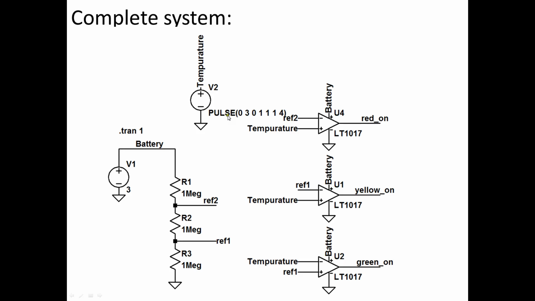Now in order to do a ramp, what I do is a pulse circuit and only simulate for the length of the pulse up. Battery is the name of the battery voltage, and I've selected 3 for this example. I have 1 meg, 1 meg, 1 meg. And so Ref 1 should be 1 volt and Ref 2 should be 2 volts.